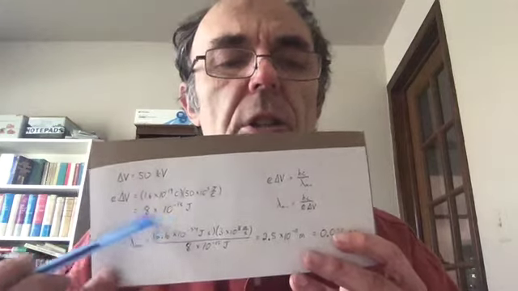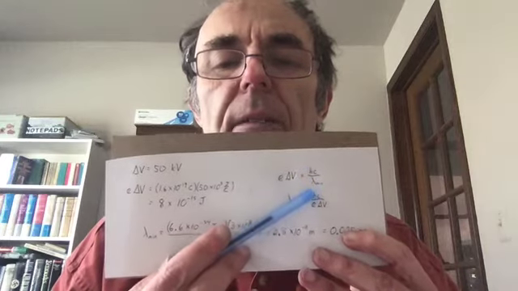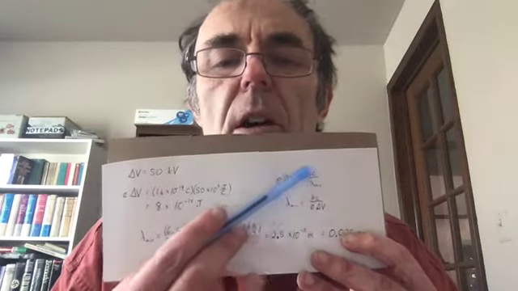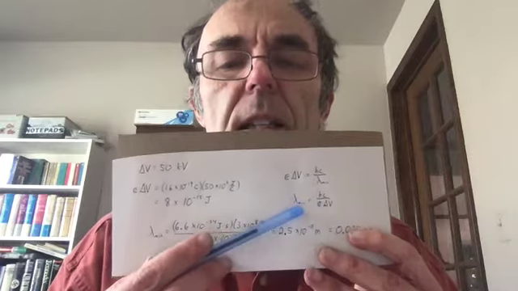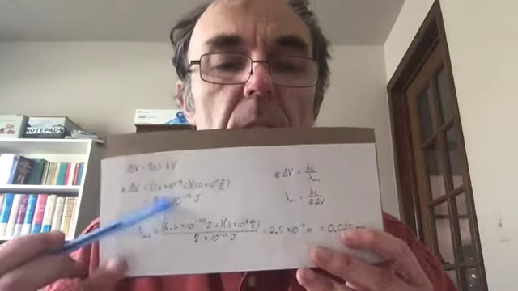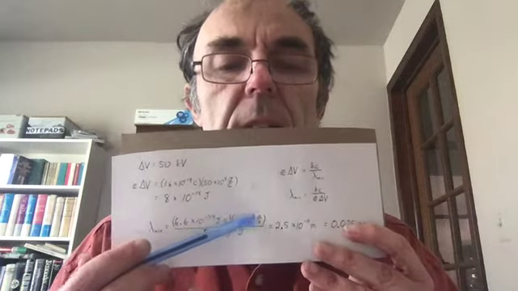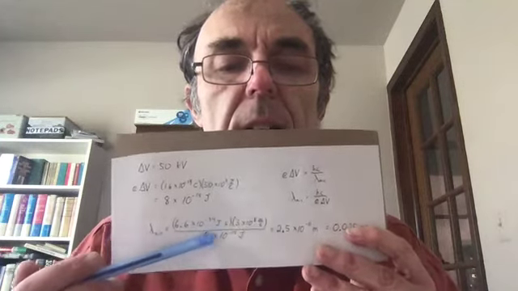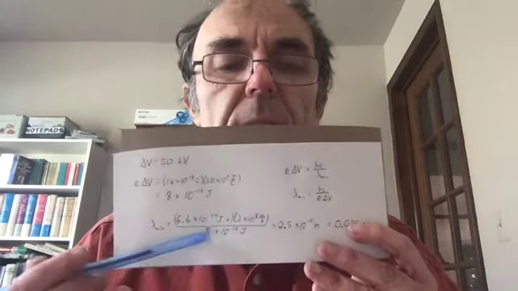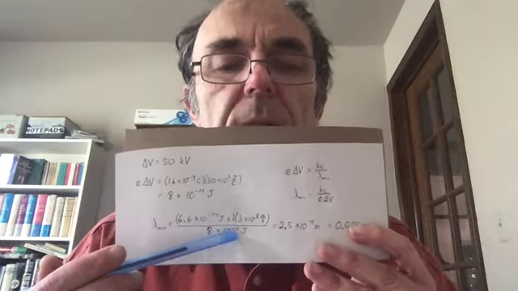So we know what the energy of these electrons is, and we can equate that to the energy of a photon, solve for the wavelength, and find the minimum wavelength is hc over e delta V. h is Planck's constant, 6.6 times 10 to the minus 34. c is the speed of light, and e delta V is the energy of the electron, which is 8 times 10 to the minus 15 joules.